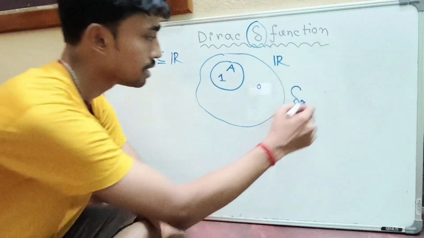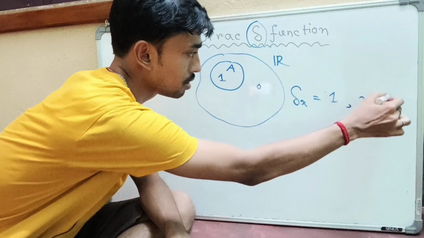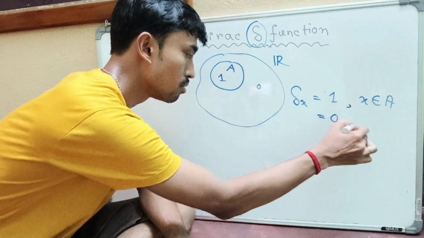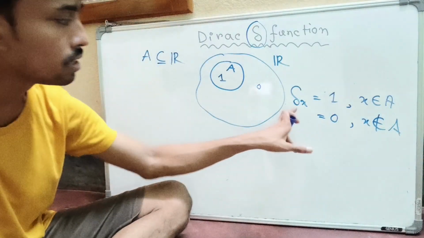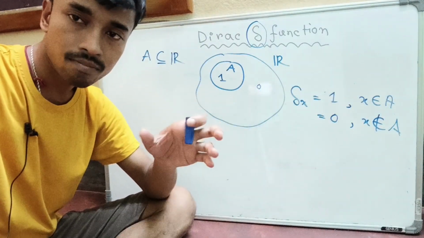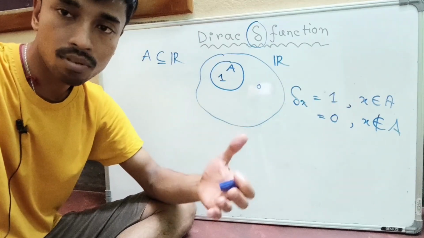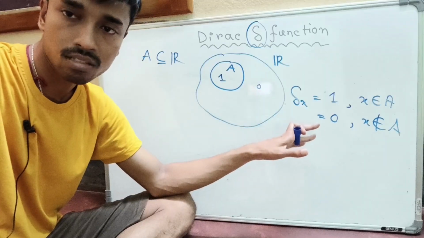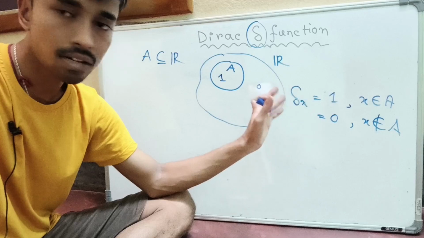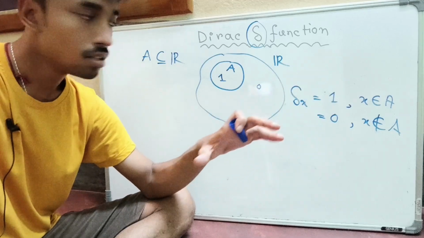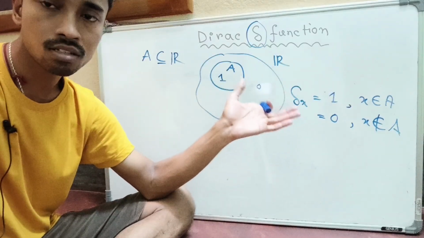Delta x is defined this way: it is 1 when x belongs to A, and 0 when x does not belong to A. So when the point x is in A, it is 1, but when the point is not in A, meaning in A complement or R minus A, the function is 0. Only on A does the function concentrate, and except on A the function is totally 0. So that's what the Dirac delta function is.